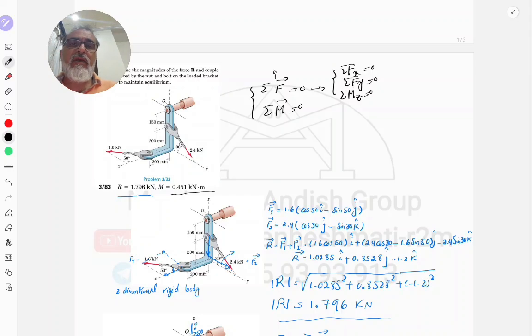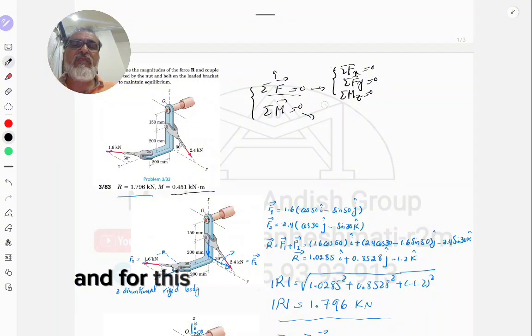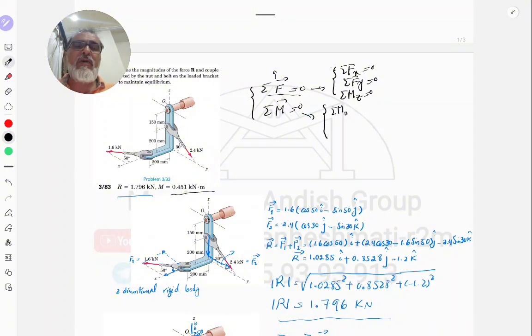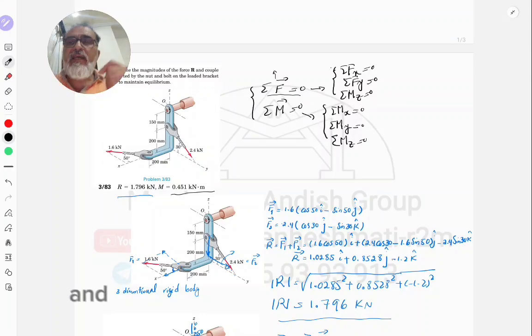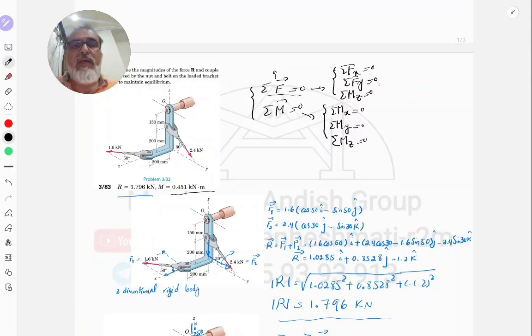So this means 3 equations, and for M we can write the summation of M over x equal to 0, over y equal to 0, and over z equal to 0, which means 3 more equations.